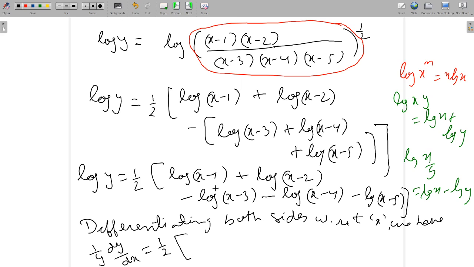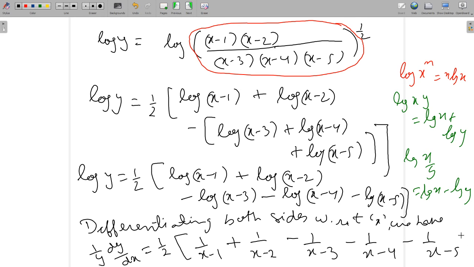Differentiation of log x is 1 by x, so 1 by (x minus 1), plus differentiation of log x, again 1 by x, so 1 by (x minus 2). Here also minus 1 by (x minus 3), minus 1 by (x minus 4), and minus 1 by (x minus 5). So it's a very simple one.